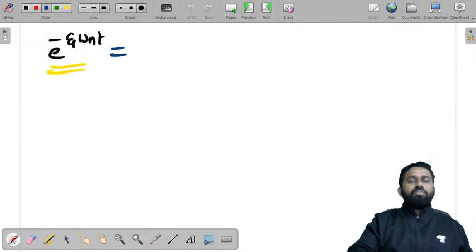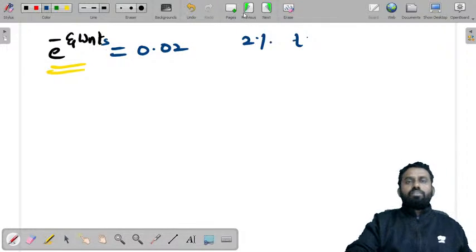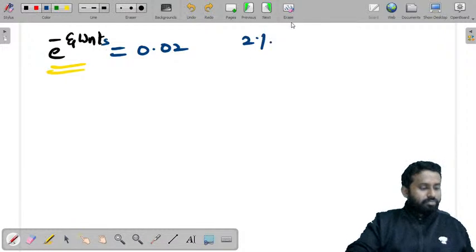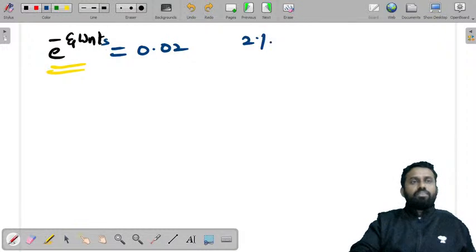So let's write that. So you can write it as e power minus zeta omega n ts. Now this is equal to 0.02 for 2% tolerance. Right? So for 2% you can write this.